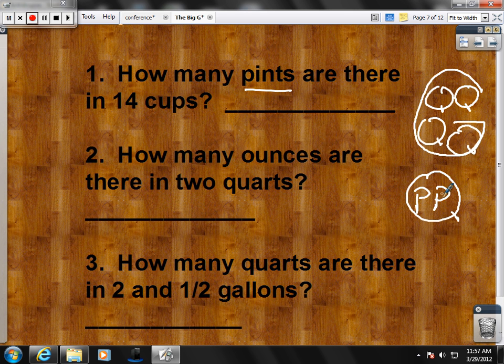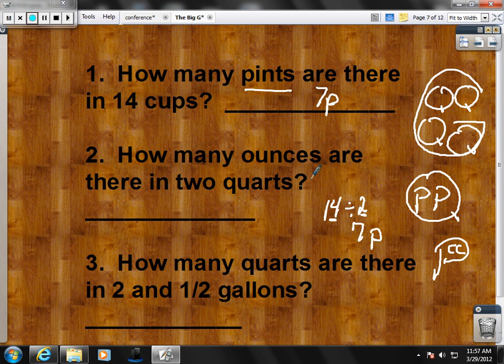Well, each P has 2 C's. So if I have 14 cups, that means I have 14 letter C's. And 14 divided by 2 is 7. That means I have 7 pints. So I have 14 total cups divided by 2 cups per pint equals 7 pints.